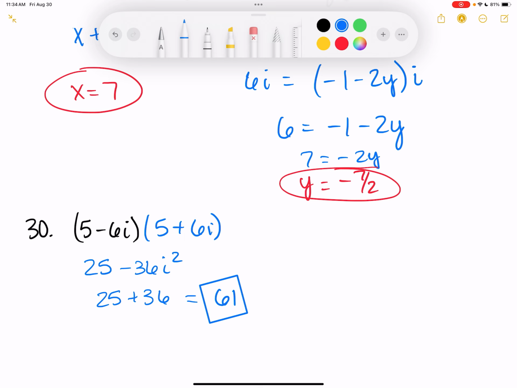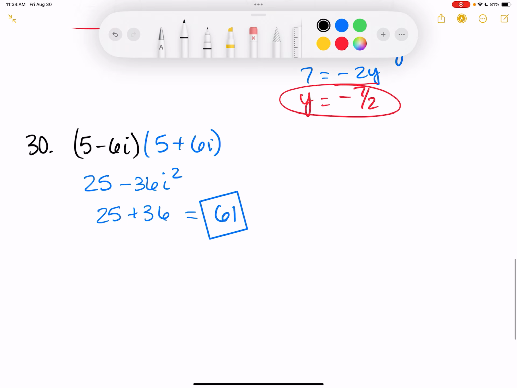Okay, the next one's still using conjugates, but we're applying it. Write the expression in standard form without using a calculator: 34i over 2 minus i. When I have a problem like this, sometimes people are tempted to start canceling i's top and bottom, but I can't do that because the bottom is being subtracted.